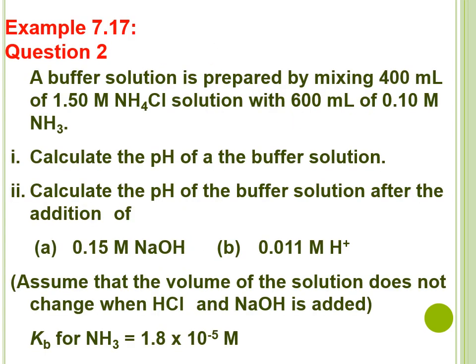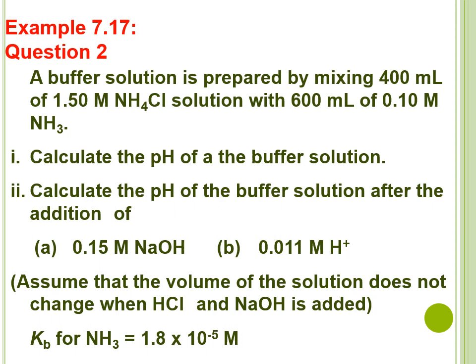Question 2. A buffer solution is prepared by mixing 400 ml of 1.5 molar ammonium chloride solution with 600 ml of 0.1 molar ammonia. Calculate the pH of the buffer solution, and then calculate the pH of the buffer solution after the addition of 0.15 molar sodium hydroxide and after the addition of 0.011 molar of H+.